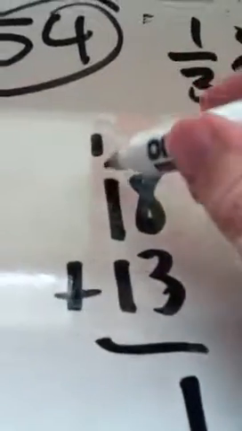So I'm going to take the 18 and 13 and add them together. So 8 plus 3 is 11. Carry 1. 1 plus 1 plus 1 is 3. So that's 31. So if their total equals 46, I'm going to take 46 minus 31, and I will get 15. So for Aiden, I can put 15 down.